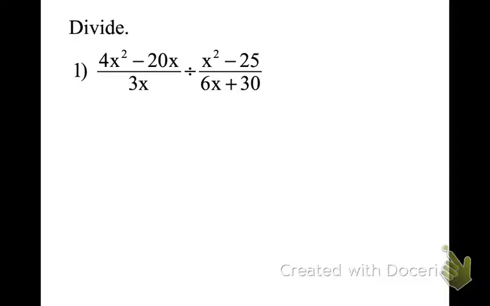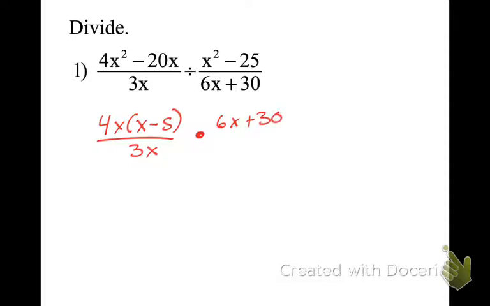Okay, let's try it. I'd like to factor and reciprocate at the same time. So how would I factor the first numerator? The first one is 4x times the quantity of x minus 5. Good. All over 3x. Now the second one I'm multiplying, and my 6x plus 30 goes right here.